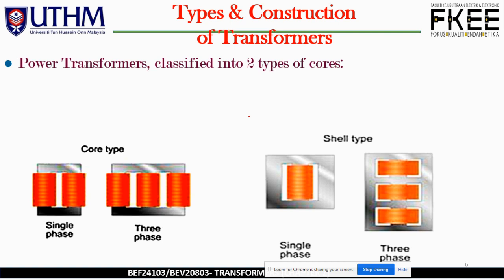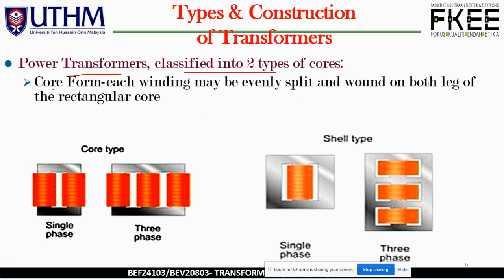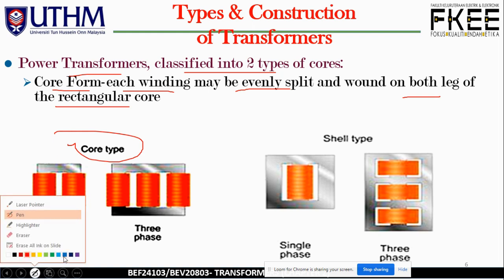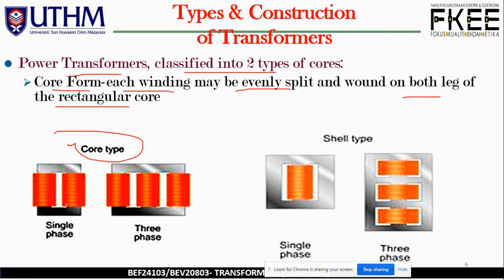Types and construction of transformers. Transformers are classified into two types of cores, namely core form, whereby each winding may be evenly split and wound on both legs of the rectangular core. So we can see here the core form type, where we have both legs, for example, here.